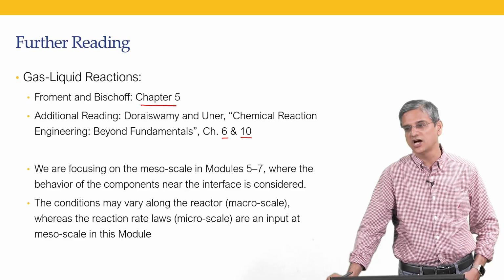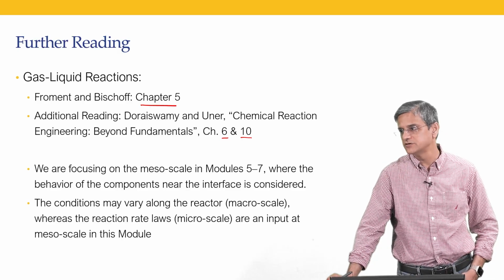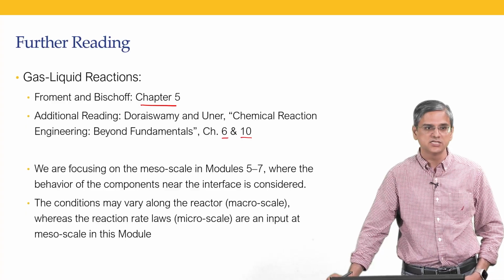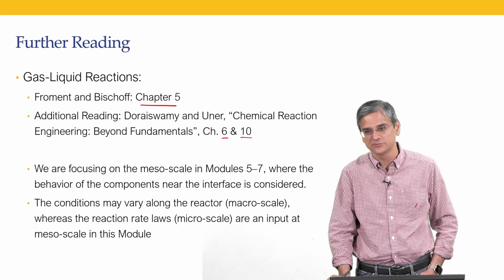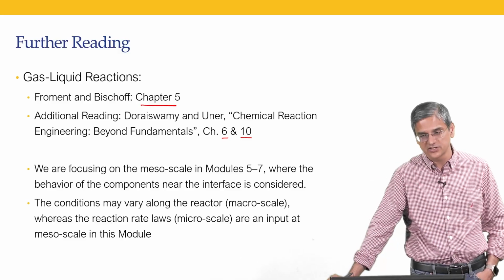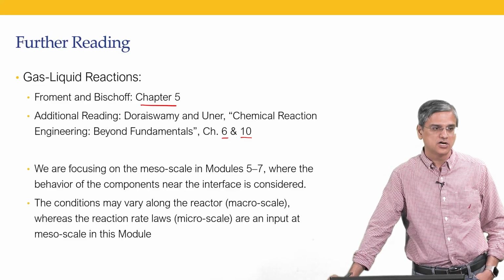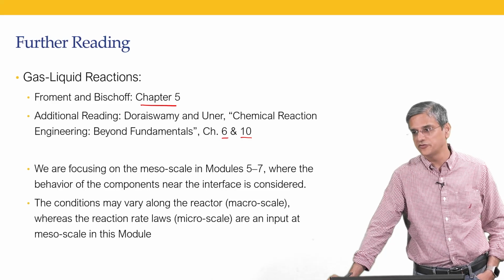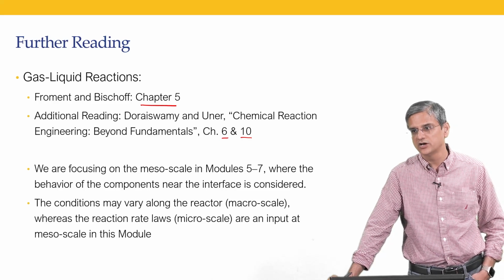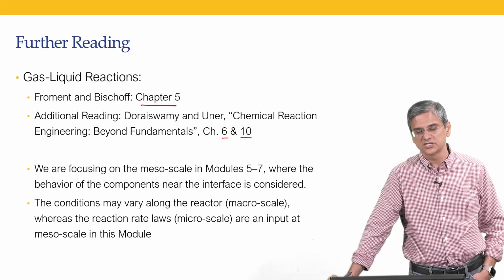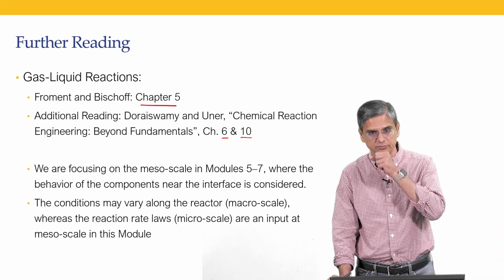So in the first half of the course, where I could use Davis and Davis, I have used Davis and Davis, which is a little bit easier textbook. Again, I don't necessarily find Davis and Davis easier or more difficult, but students have said that they found Davis and Davis easier than Froment and Bischoff. So for the first few modules, pretty much until module 5, we have used Davis and Davis, and from this point onwards we are primarily going to switch over to Froment and Bischoff.